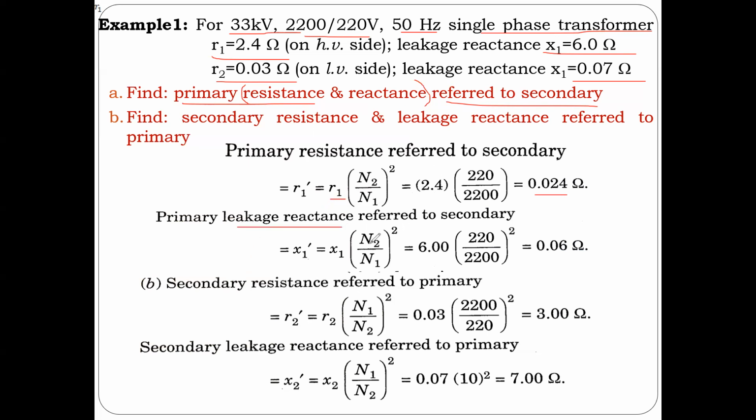Likewise, the leakage reactance from 6 becomes 0.06. Now, if you bring quantities from the secondary to the primary, this 0.03 would become 3, and 0.07 would become 7.